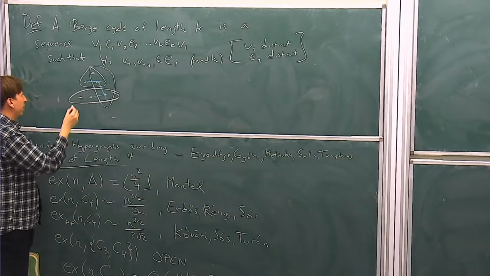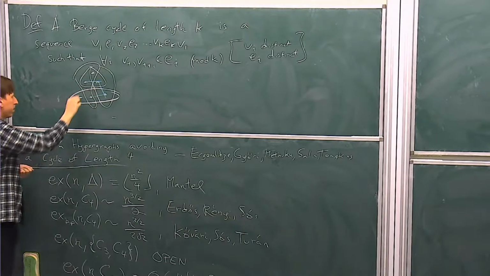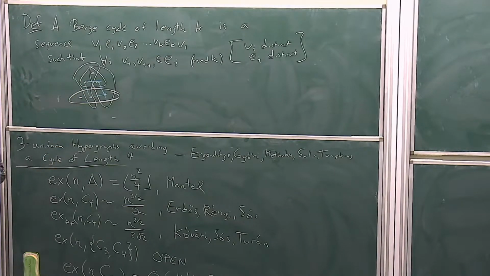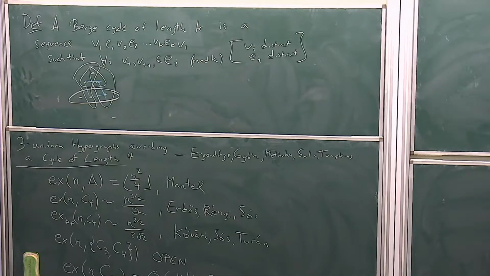And then maybe say this hyperedge. So this would be an example of a 4-cycle in the Berge sense. So it's a very weak notion. It just means that we can find a 4-cycle in a way that we assign a unique hyperedge to each pair of consecutive vertices, but we don't care at all about how the hyperedges intersect outside of these defining vertices, or if they contain some other vertex which we're not currently considering. Okay, so that's a Berge cycle.